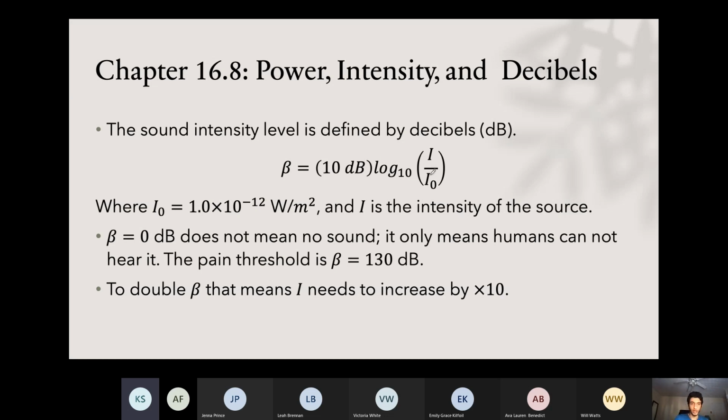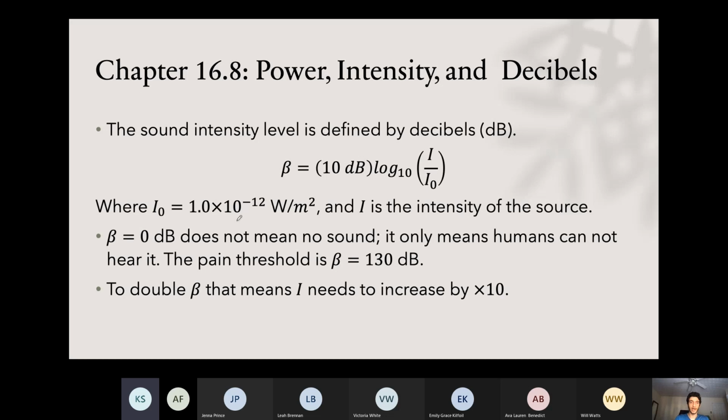This I naught is basically the minimum intensity a human can hear. Anything below this intensity, you can't really hear. So we take this as our reference point, and we compare any other intensity to that point.